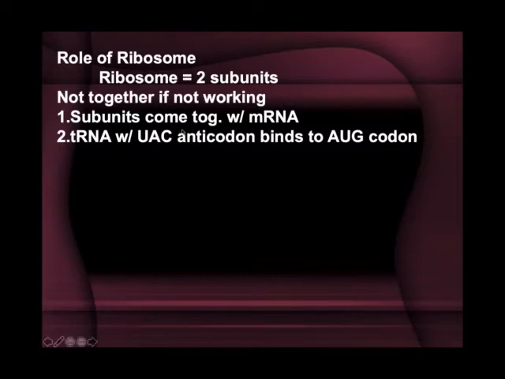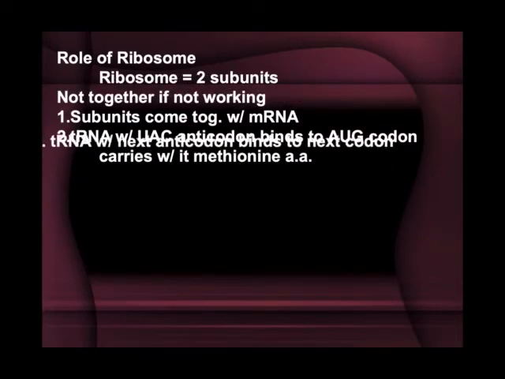So the anticodon on the tRNA would have UAC because that's what's opposite, and that would fit in with the AUG codon. On the other end of this tRNA, it has a methionine, and we know that methionine amino acid starts all proteins. Sometimes it gets snipped off later, sometimes not.